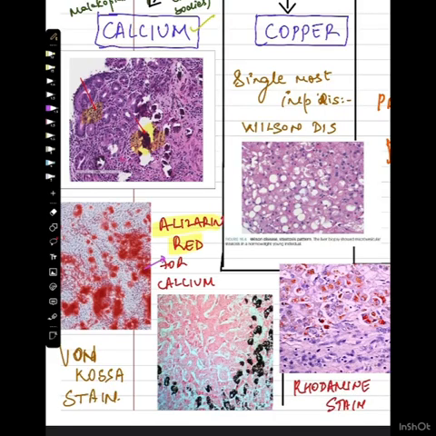And it can also be stained with the von Kossa stain. It's a very important stain. So how does alizarin red work? Alizarin red usually works by forming chelate complexes with calcium, and as you can see here, it is stained red in color.